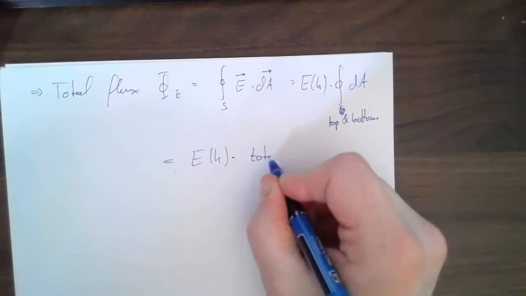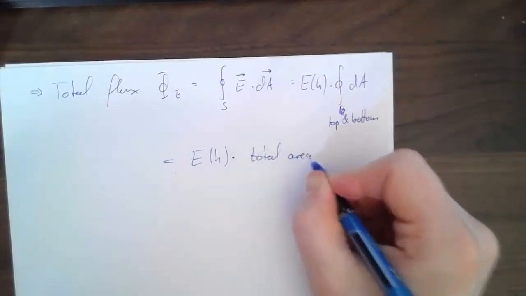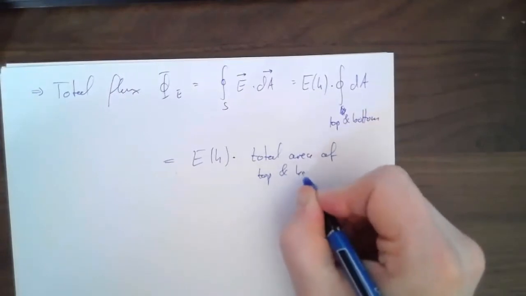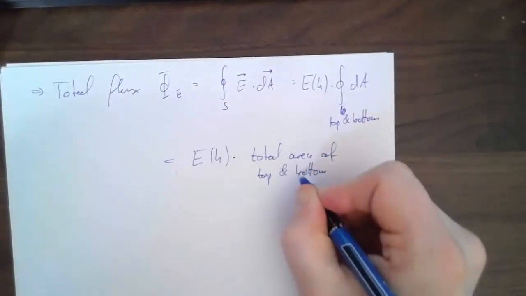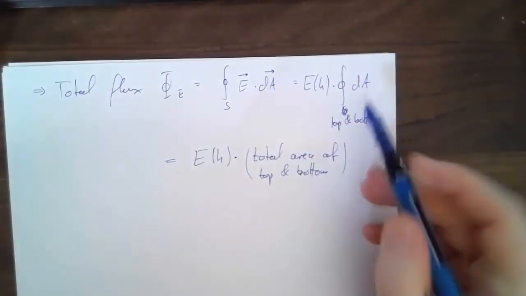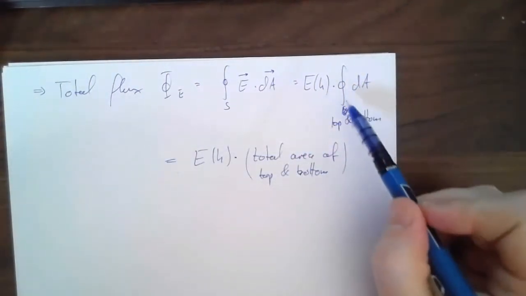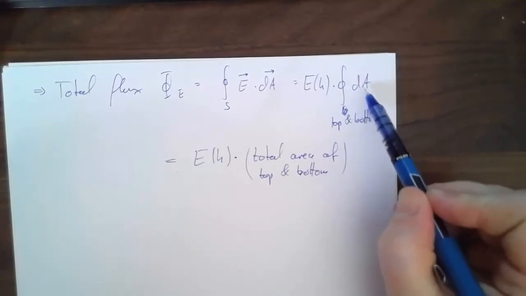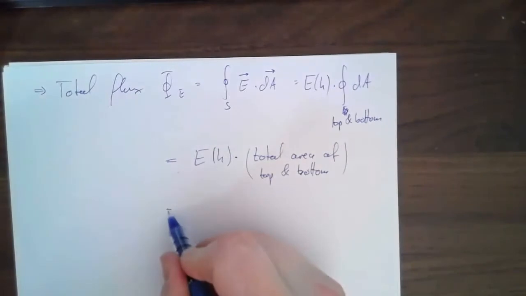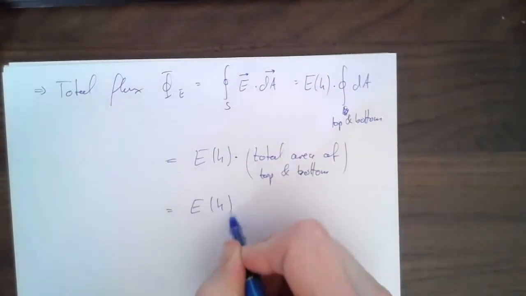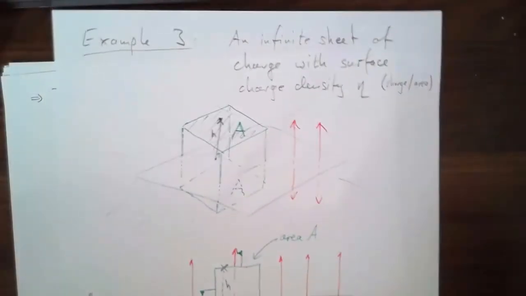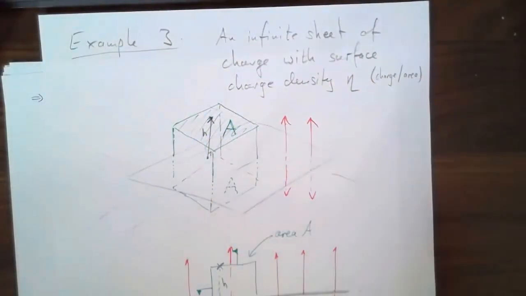We write it out: total area of top and bottom. That's what this integral is. All I'm summing is the little areas, so I'm just going to get the total area when I sum them up. So that's E H times 2A, because in the picture, the area on top is A, the area on the bottom is A.